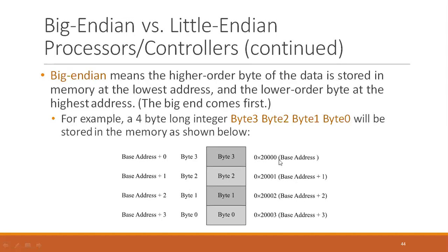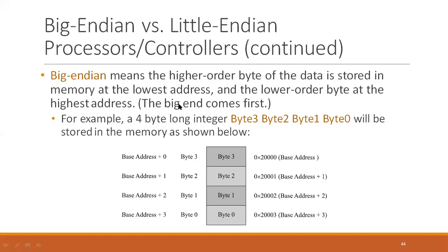At base address 20,000 we're storing byte number 3, at 20,001 we're storing byte number 2, at 20,002 we're storing byte 1, and at 20,003 you're storing byte 0. In other words, the higher order byte will be stored in the lower memory location, and the lower order byte will be stored at the higher memory location. 20,000 is the lower memory location, whereas 20,003 is the higher memory location, right?